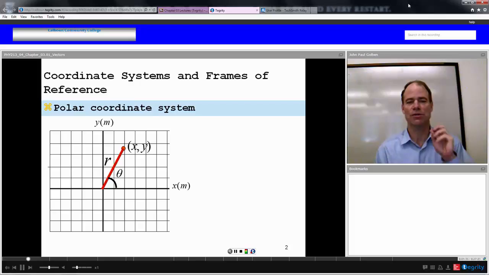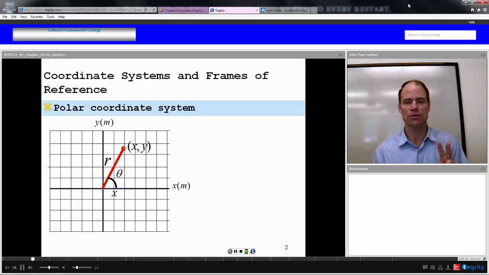So I can actually redefine this point in terms of 2 other variables, the length of this line and the angle from some reference point to that point. So that just as equivalently labels that point.